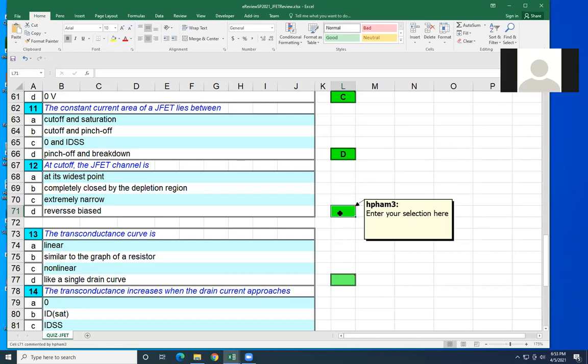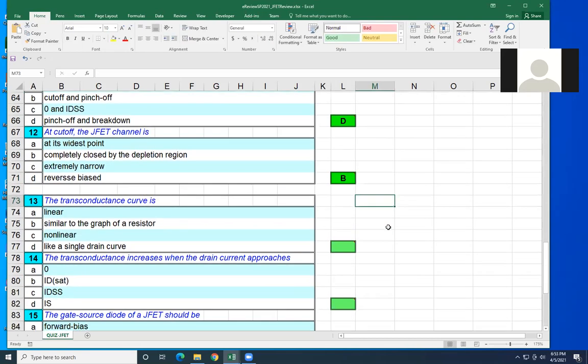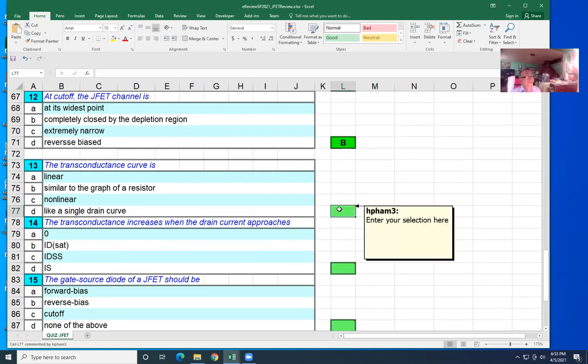B. Okay, number 13. The transconductance curve is linear, similar, or nonlinear.